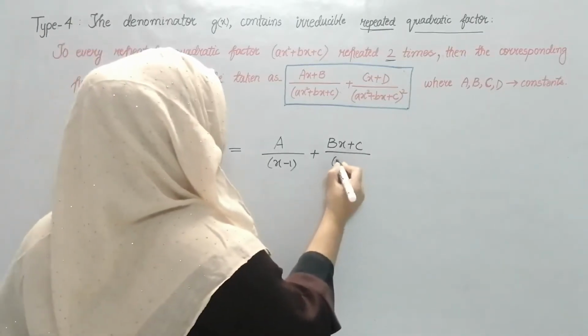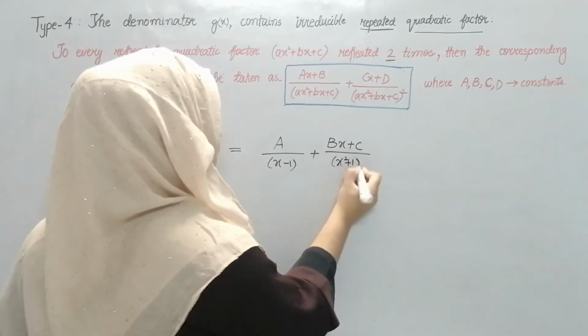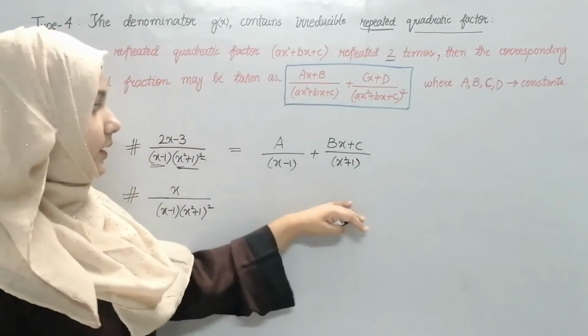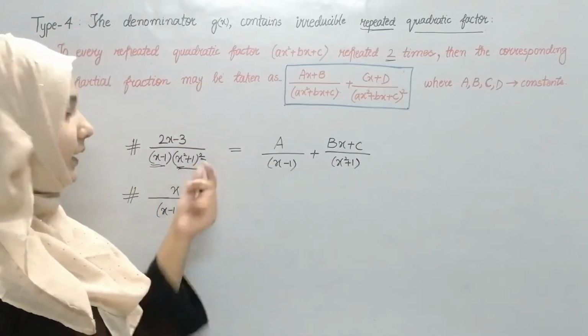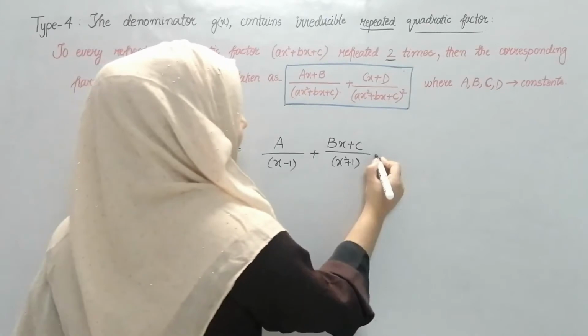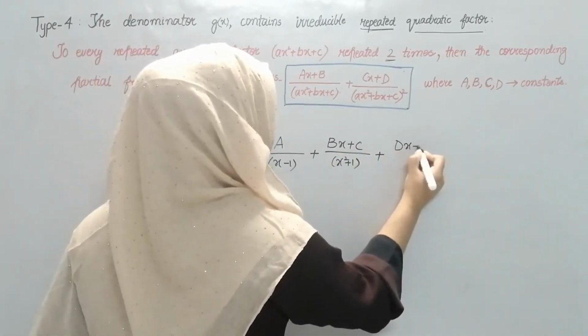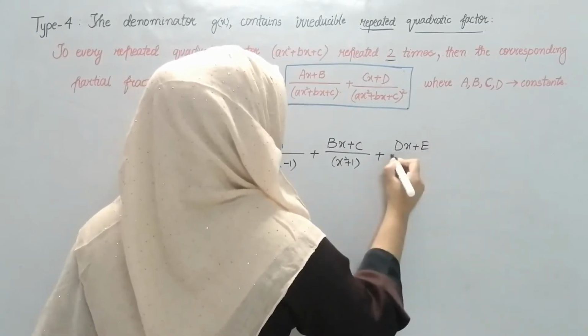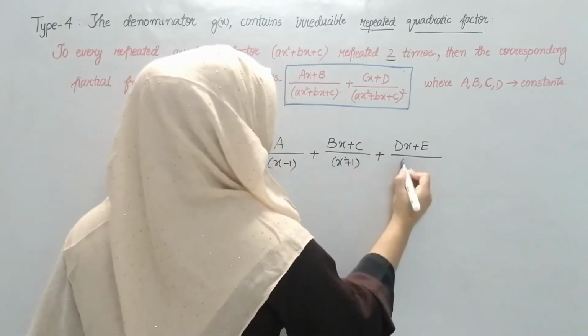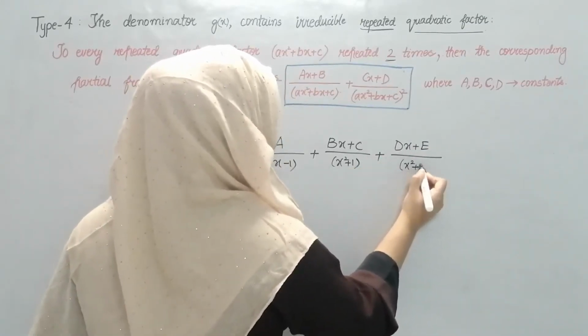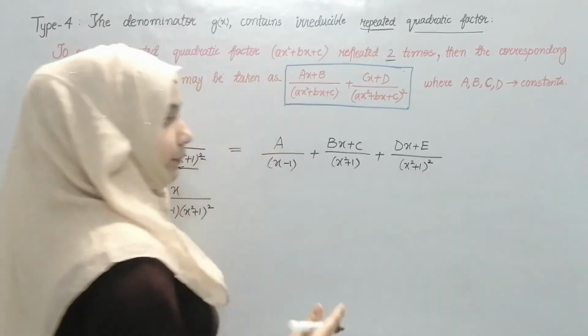Now it is repeating twice, so one more partial fraction will come. After C, I'll have D: (Dx plus E) divided by x square plus 1 whole square.